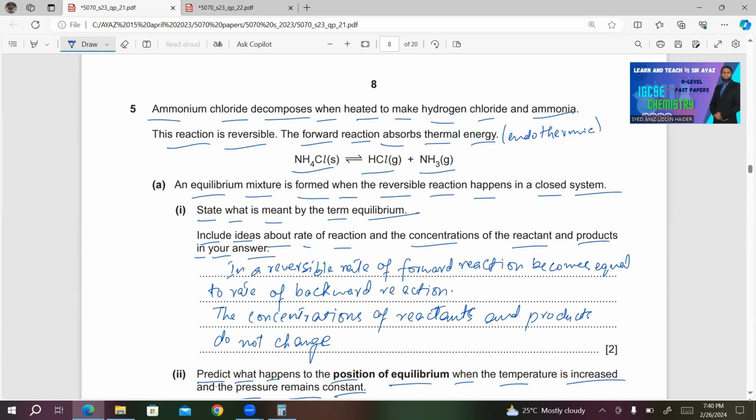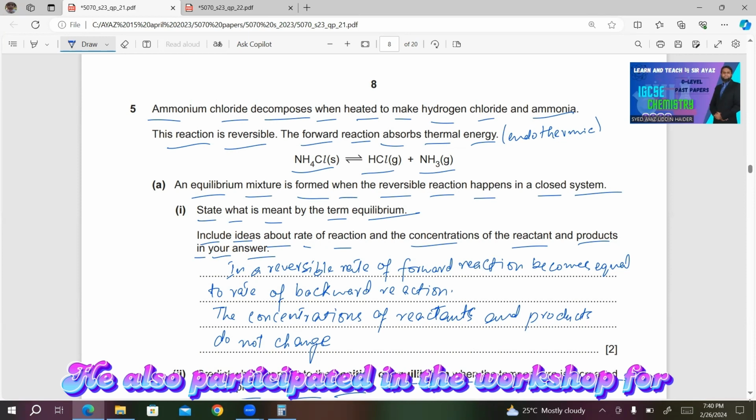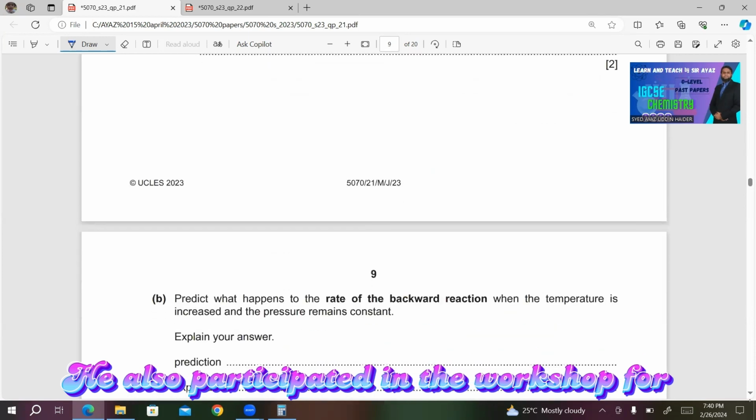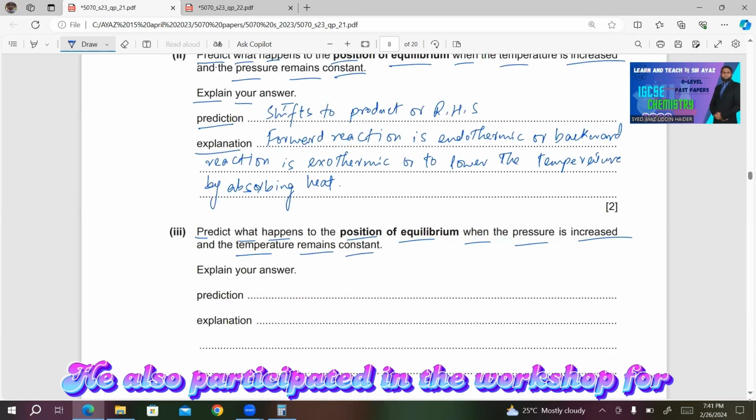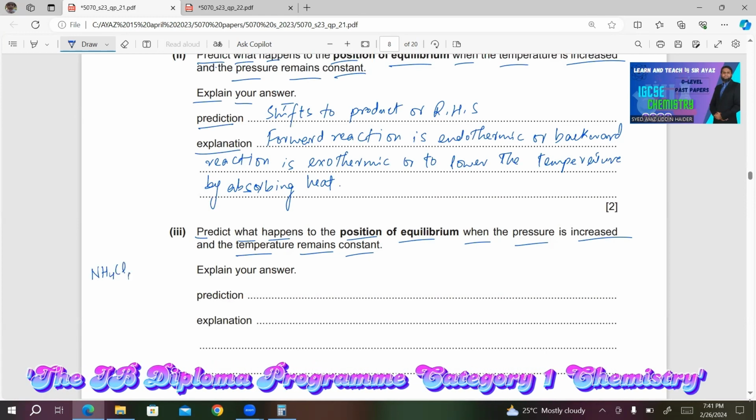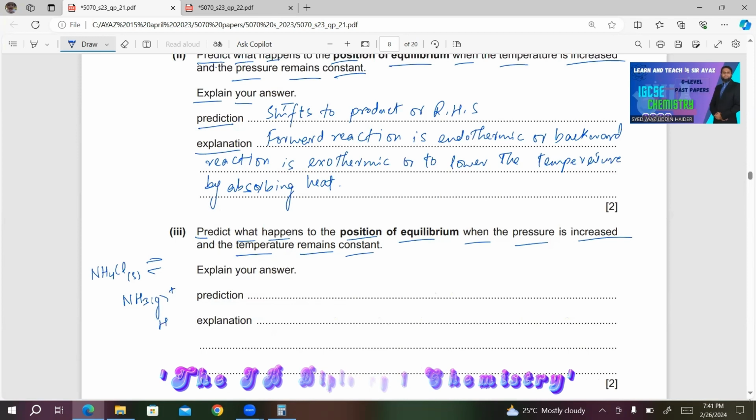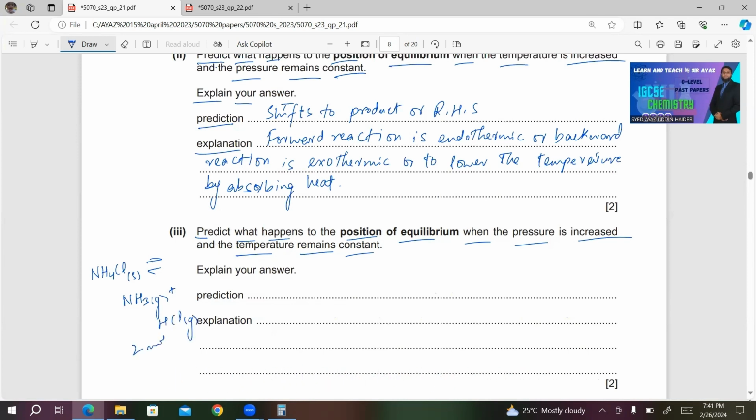For your convenience, I am writing it here: NH4Cl solid, NH3 gas plus HCl gas. On the right hand side, you have 2 moles of gas. On the left hand side, you have 0 moles of gas. So definitely equilibrium will shift to the reactant side.